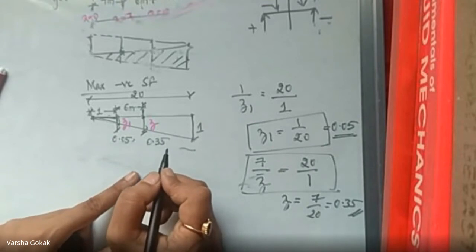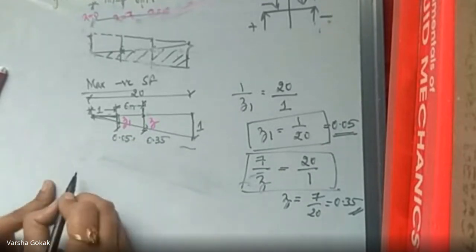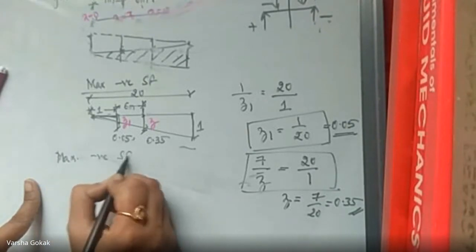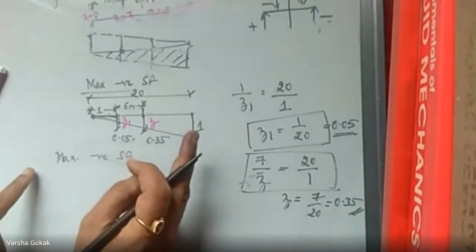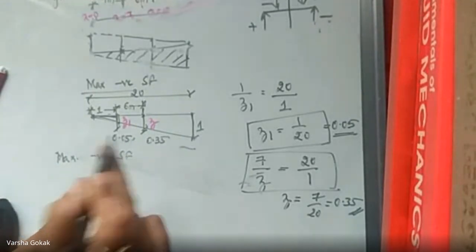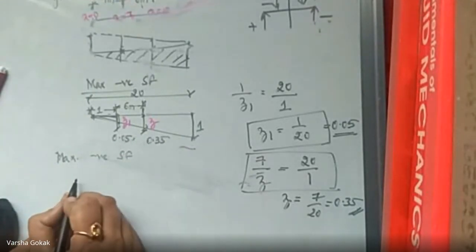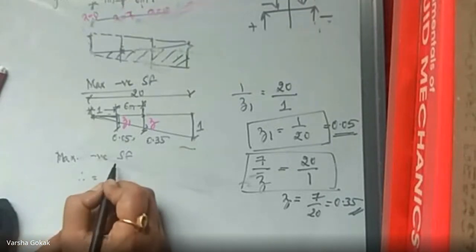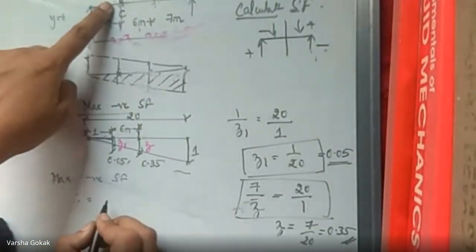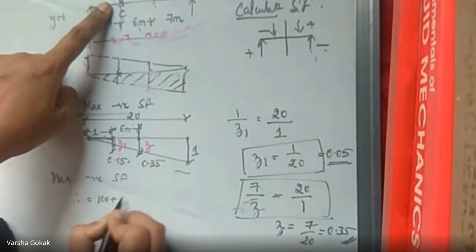I got the ordinates. Why I require the ordinates is, when I calculate the maximum negative shear force now, I have to use the same formula, that is load into the ordinate, but ordinates I will substitute as negative because these are negative ordinates. Therefore, the maximum negative shear force value is going to be, for Z1 it is 100, so 100 into Z1.